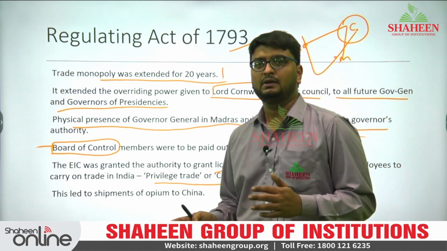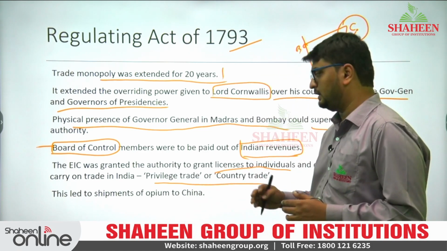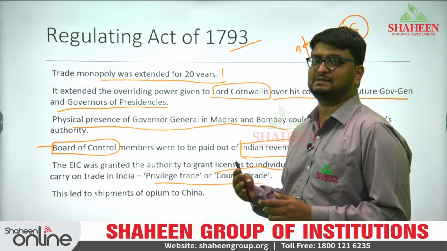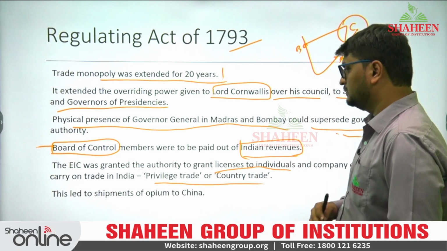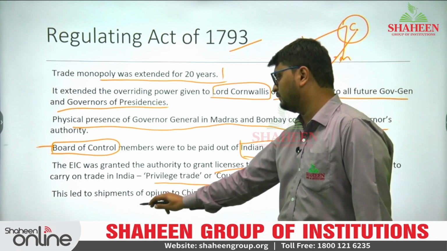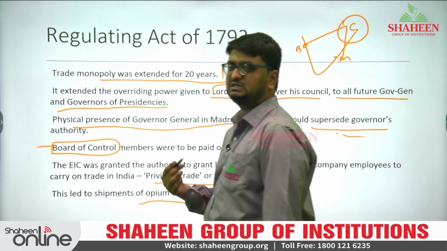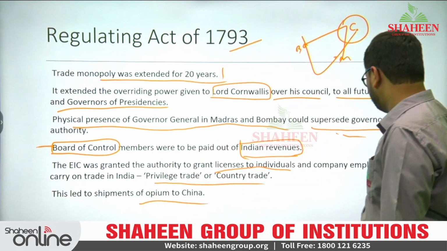On the other hand, the Act grants authority to the company itself to grant licenses to do private trade. This led to shipments of opium to China. Now the business with China also started with this.